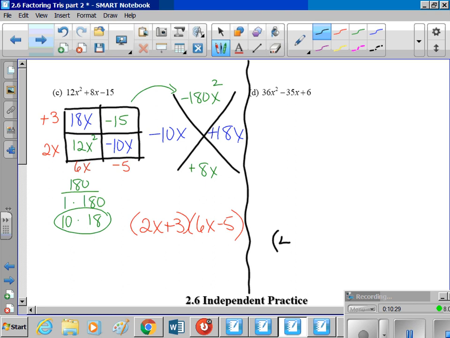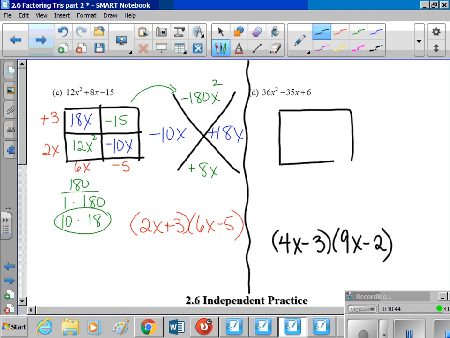So the answer to this one turns out to be 4x minus 3 and 9x minus 2. If you got that answer, don't even watch anymore, you're done. If you didn't get that and you're still confused about it, basically what we did is we started with the box. We put the 36x squared in here.